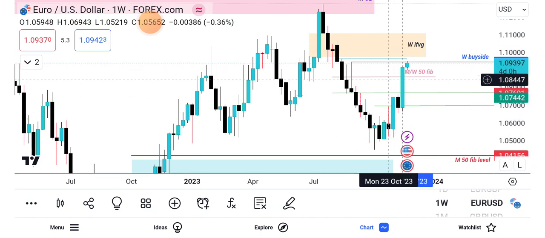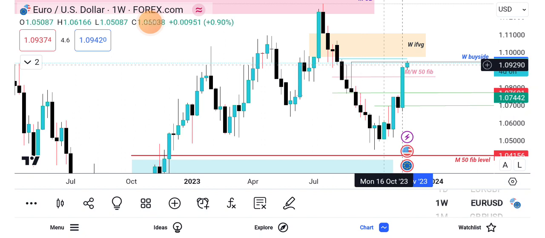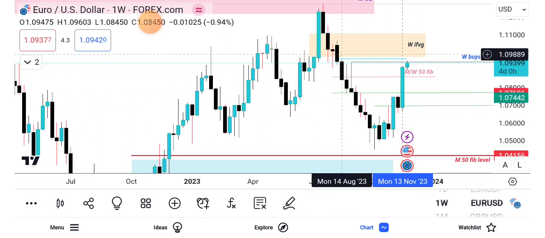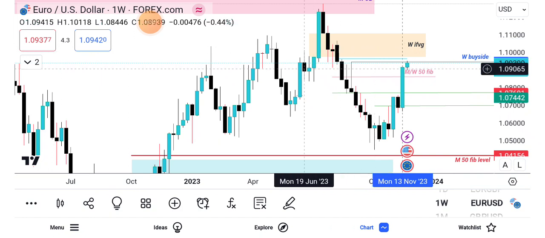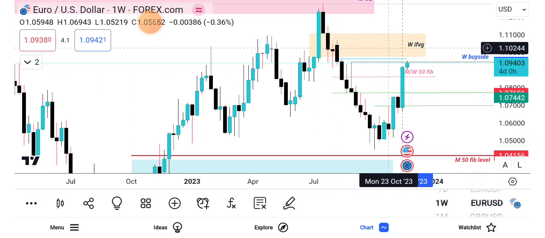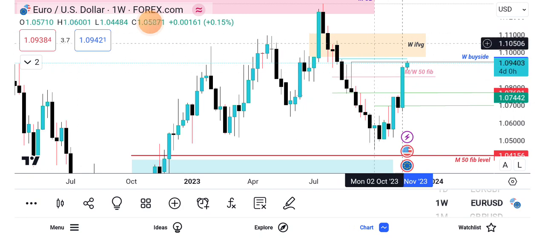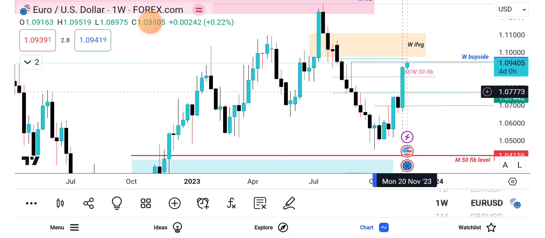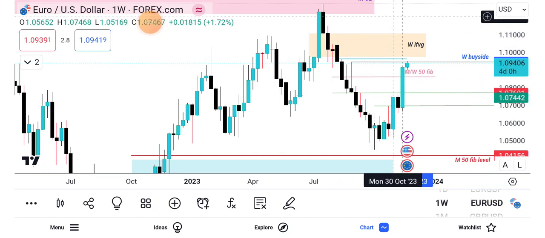Price retraced to premium, and what you can see is this weekly buy side liquidity that is there. And also we can spot this weekly inversion fair value gap, this candle's high, this candle's low. This is the weekly inversion fair value gap. So from this point we can be looking for retracements lower, because already we are in premium levels.